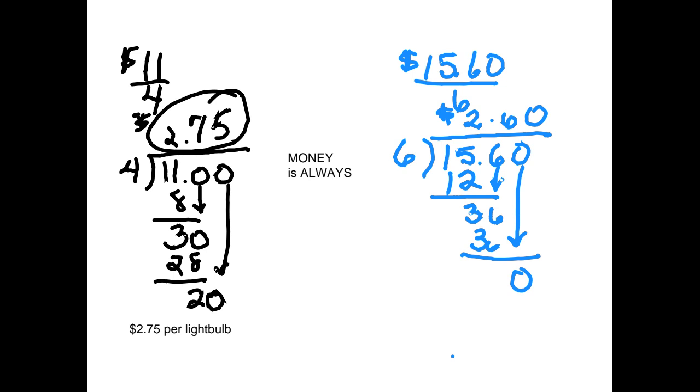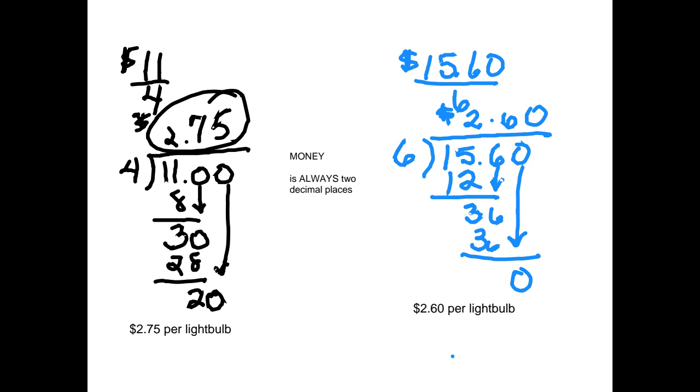So we have $2.60 per light bulb. Now, we were asked to find the better buy.